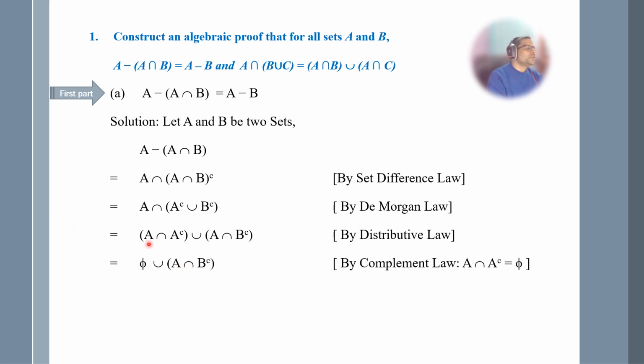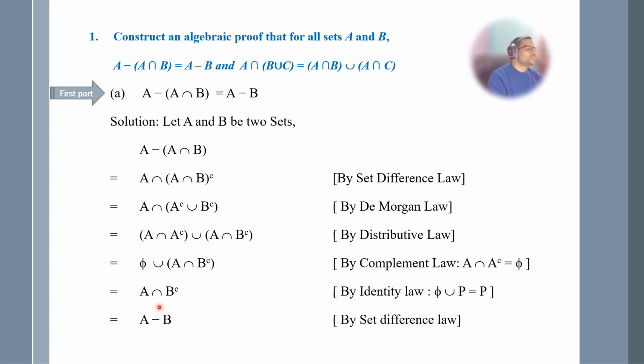Then we know that A intersection A complement is phi, the union stays as it is, and A intersection B complement remains. Then this equals A intersection B complement, because phi union any set equals that set, or phi union P equals P. That is the identity law of set operations. Then it is written as A minus B, by the set difference law.